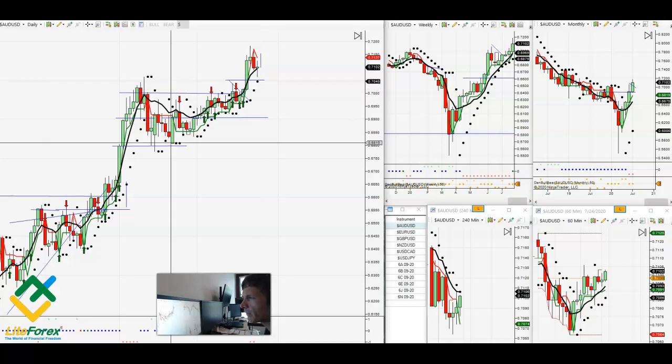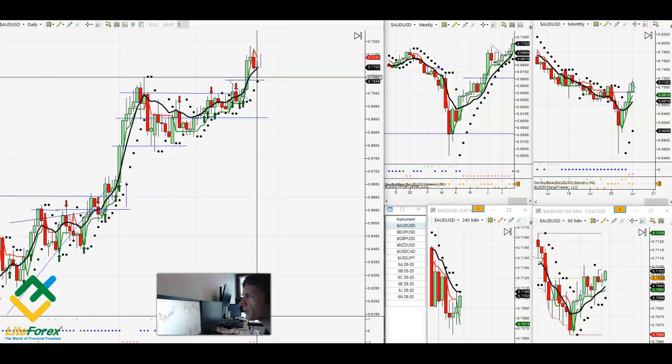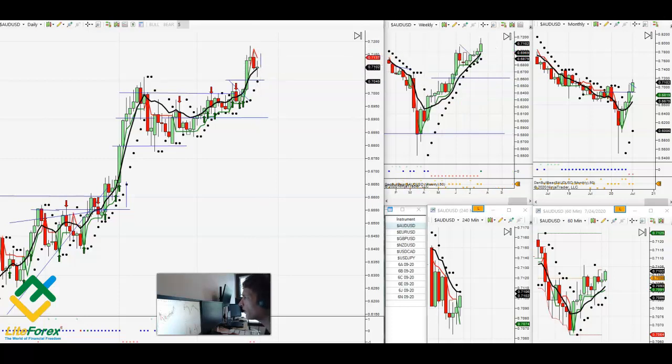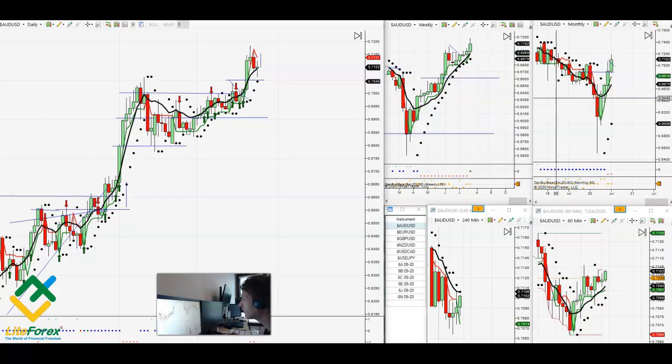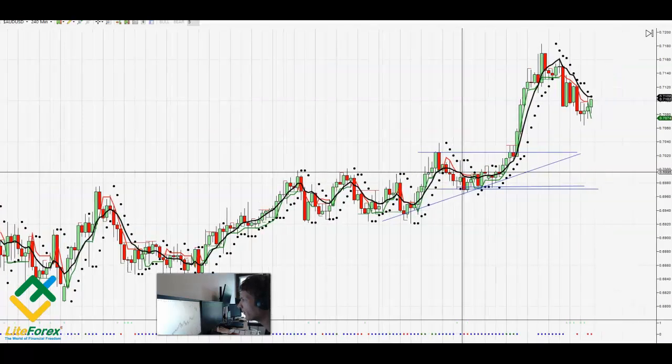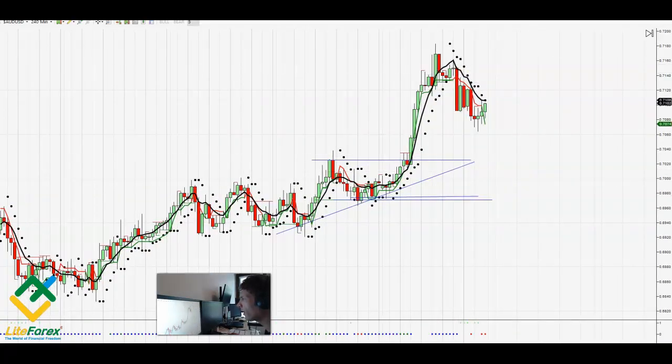leg up. Now, the Australian USD has been very, very bullish as the US dollar gets weaker. So we'll see if this can set up like this for Monday. If I'm looking at the weekly chart, it definitely looks like it could have more upside. If we blow up the 240, you can see here the pullback, and the 240 does look like we're going to go higher going forward.